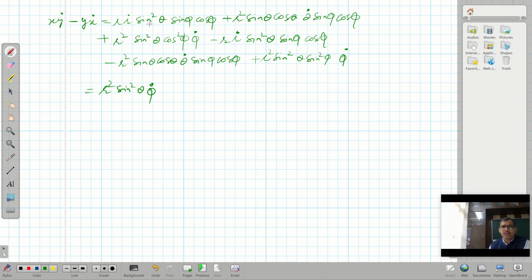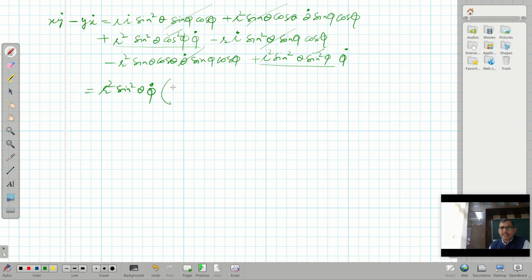See, r dot sine square theta sine phi cos phi will cancel out with the other term, and this will cancel out with its counterpart. We will remain with these two terms. Say r square sine square theta phi dot can be taken outside, and cos square phi plus sine square phi will become 1.